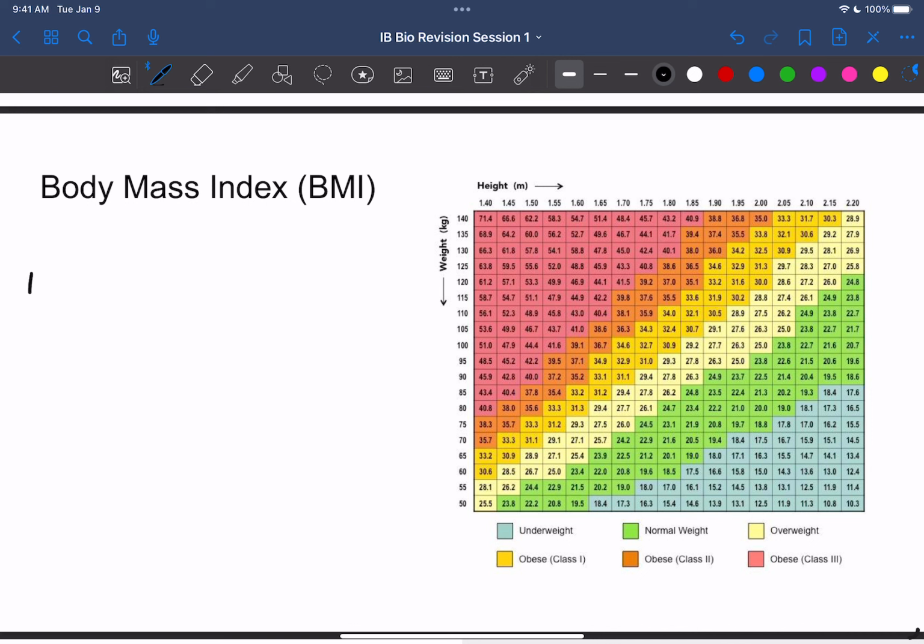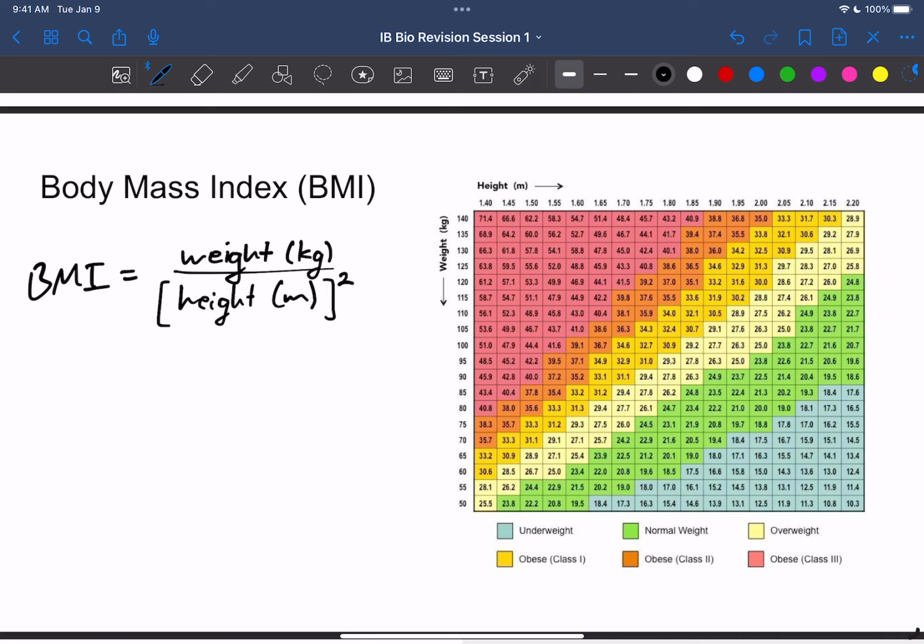So the formula: BMI equals your weight, and the unit here is kilograms, and you divide that by your height in meters, and that's going to be squared. So that's the formula, weight over height squared, both in metric units.